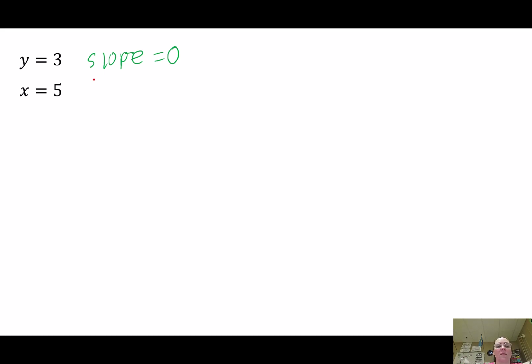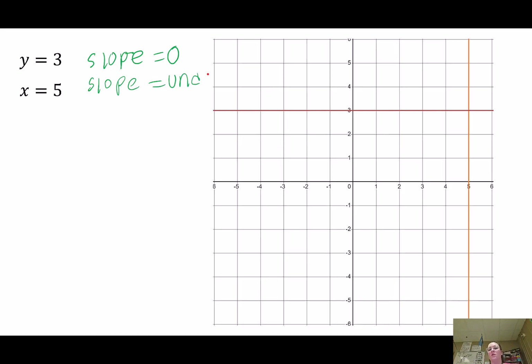Well, the slope there, anytime we have an x equals, is undefined. So what would my graph look like? Okay, I've got y equals 3, which would be this horizontal line right here. And then x equals 5 is my vertical line.